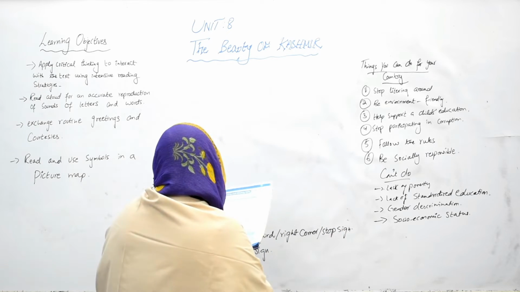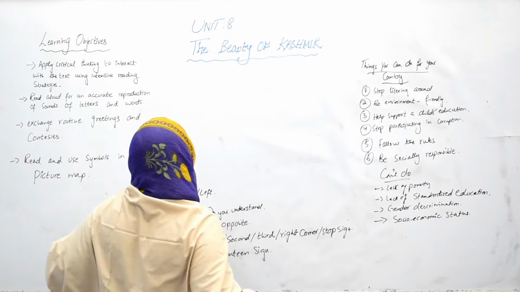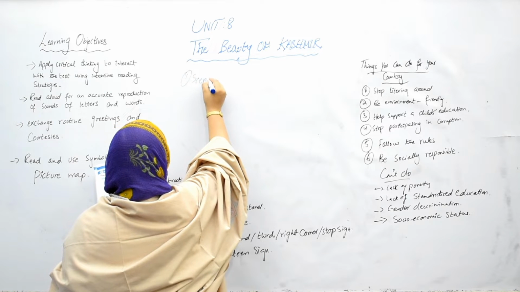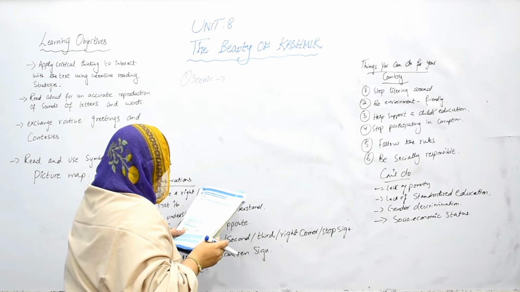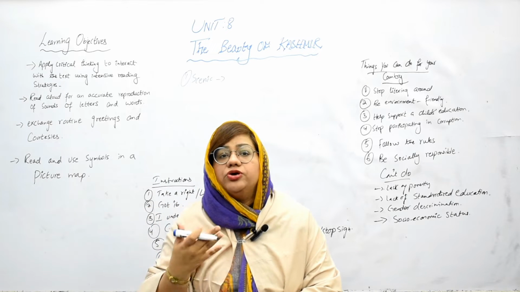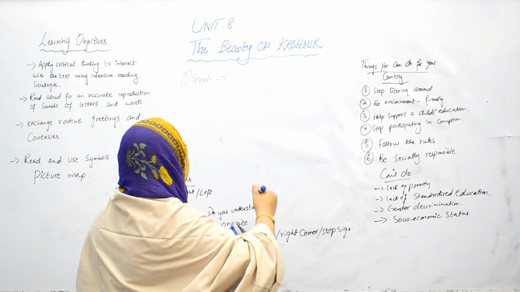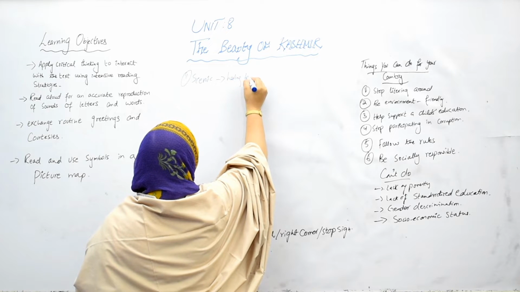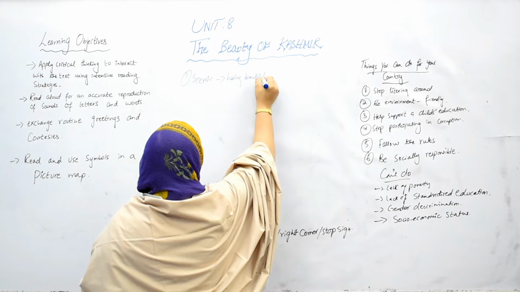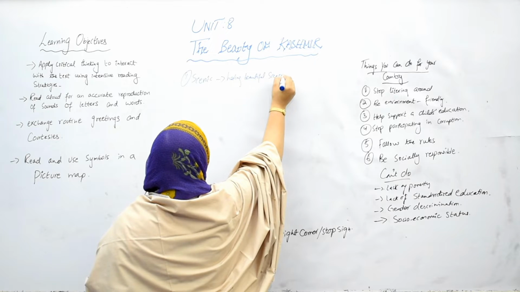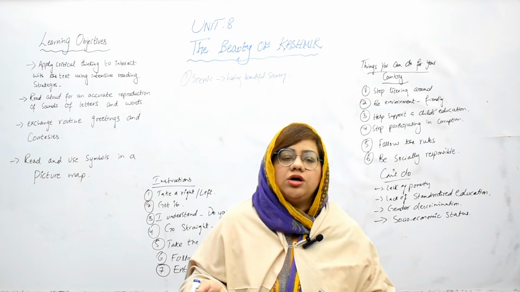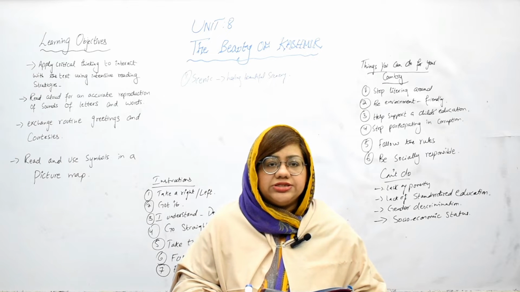Number 1 is scenic. It means having beautiful scenery. So how can we use this word in a sentence?